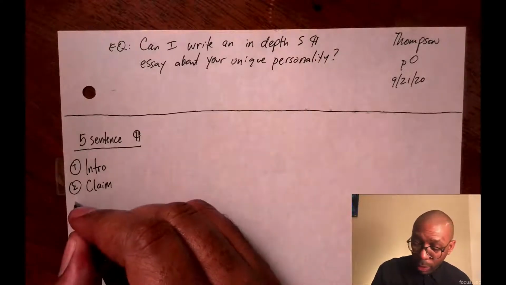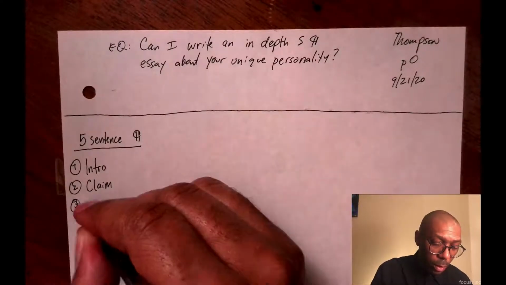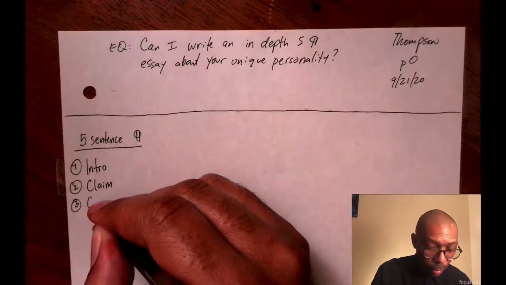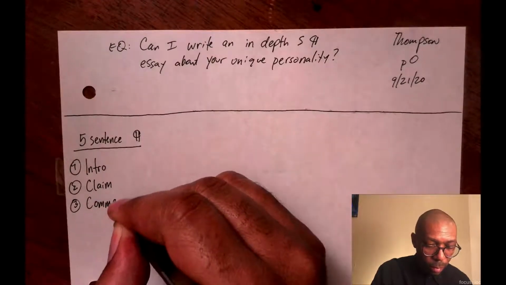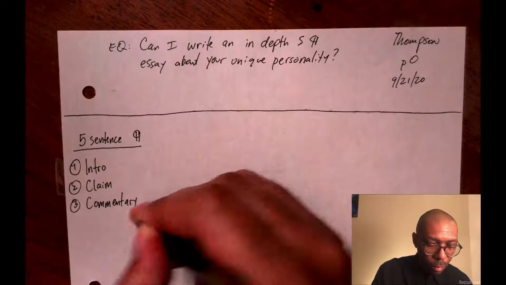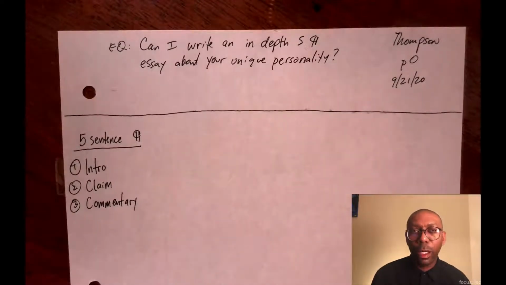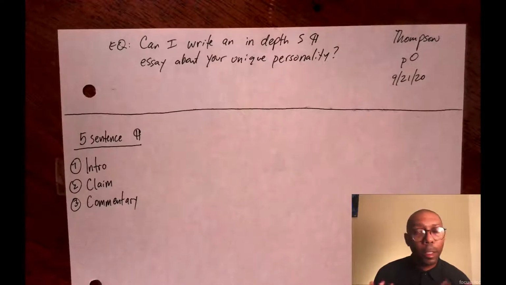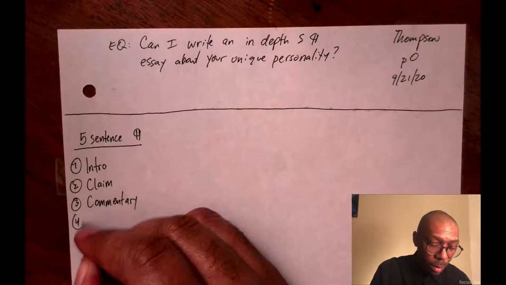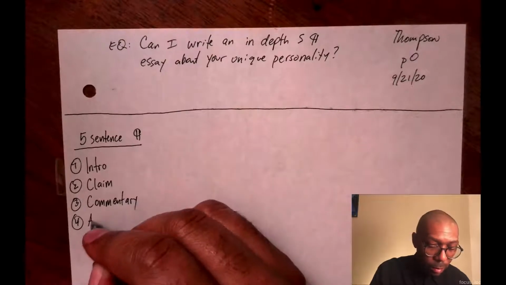And then your third sentence is what I call commentary. This is where your voice comes through. And so after you make your claim, you make some comment about the claim. It could be a simple statement, it could be a complex statement, it depends, right? The fourth sentence is what I call analysis.